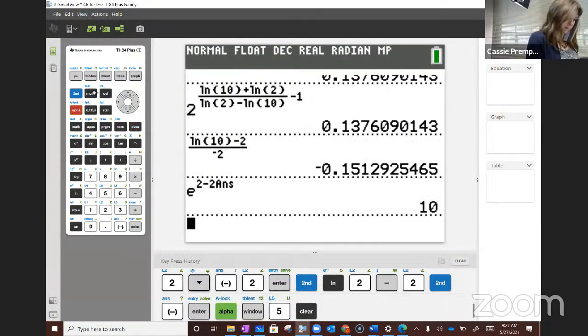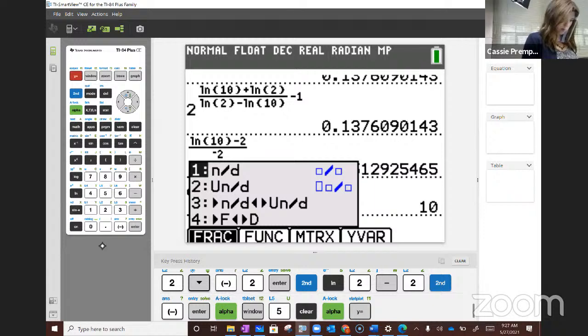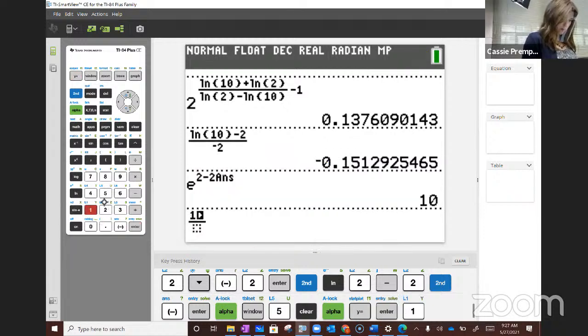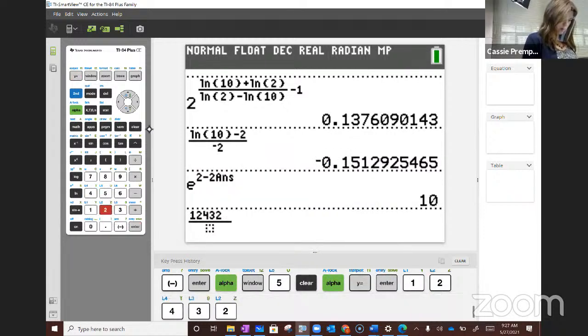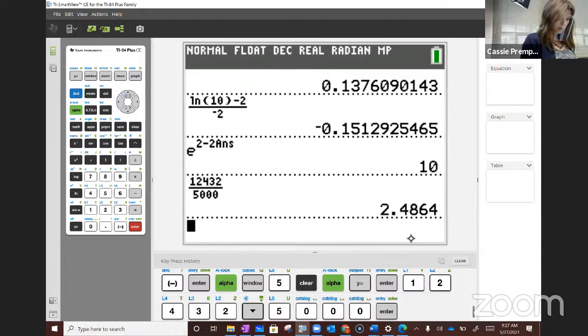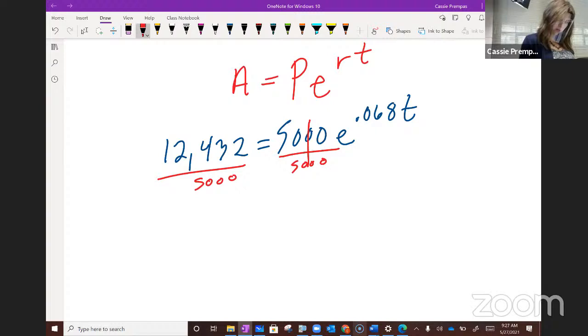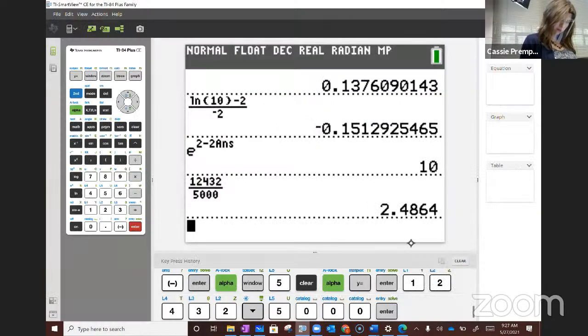But if it's 2.4864, did I type it in wrong? 12,432. No, that's right. And then the fraction is 1,554 over 600.